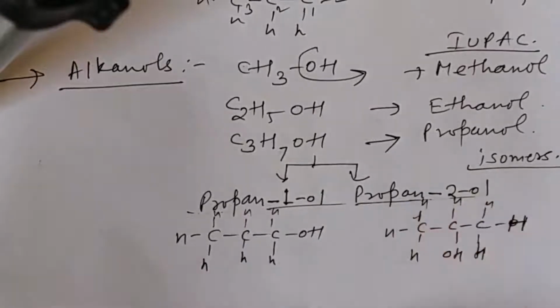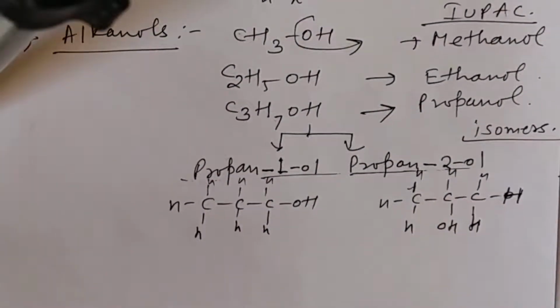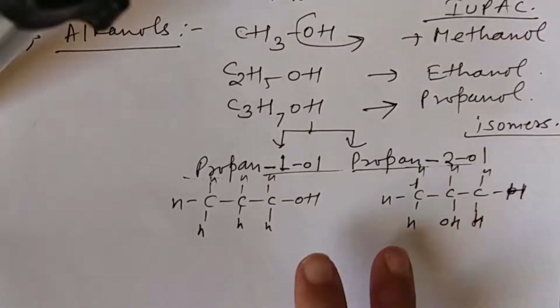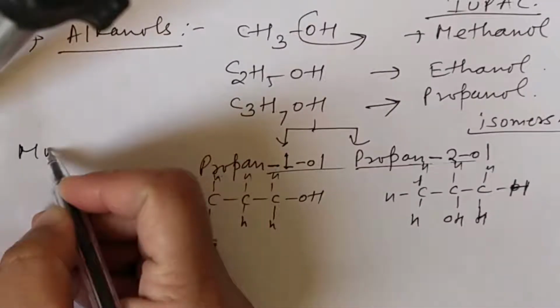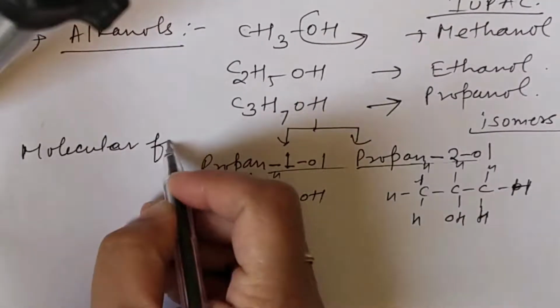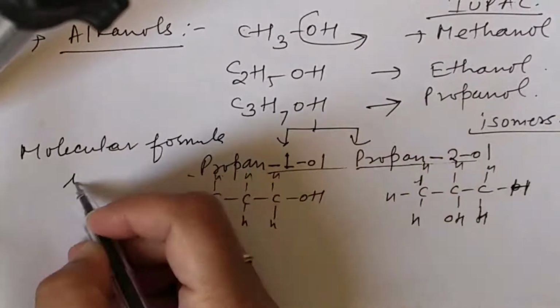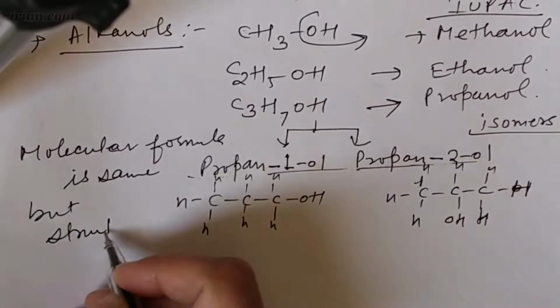Can you give the difference here? What is the difference between the two? The structural formulas of the two structures are different, but the molecular formula is the same, and this is called isomerism. Molecular formula is the same, but structural formula is different.